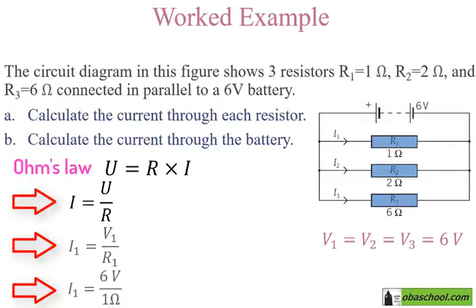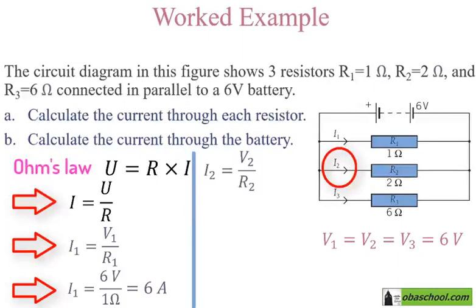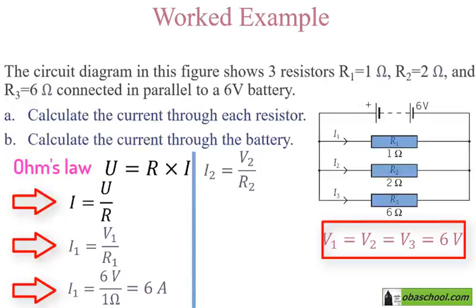Hence, I1 is equal to 6 volt divided by the resistance of R1, which is equal to 1 ohm. So it's 6 divided by 1 equal to 6 amperes. Moving to I2, which is the current passing in the second branch for the second resistor, I2 is equal to V2 divided by R2, and we have agreed that V2 is equal to the potential difference supplied by the battery since the voltage is equal in a parallel connection.